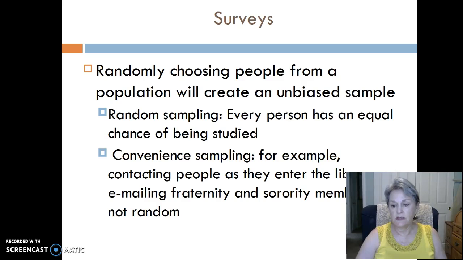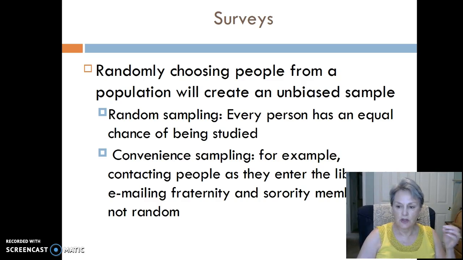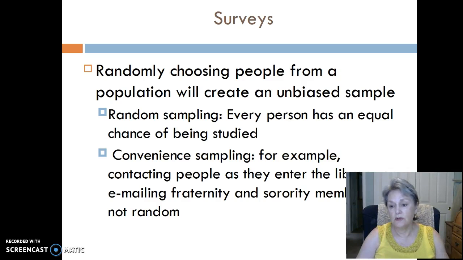Back in 1936, telephones were relatively new, but we did have telephone directories that listed people's names, addresses, and telephone numbers, and so they used that to send people through the U.S. mail these questionnaires, which people could choose to fill out and send back.